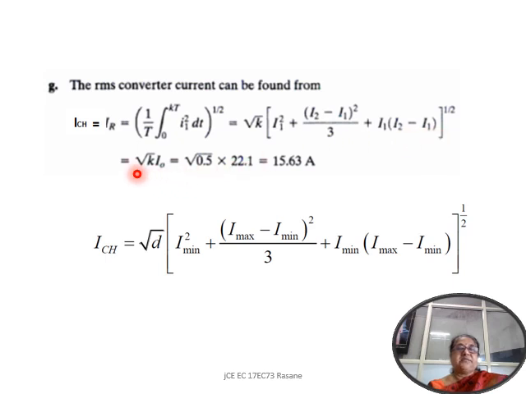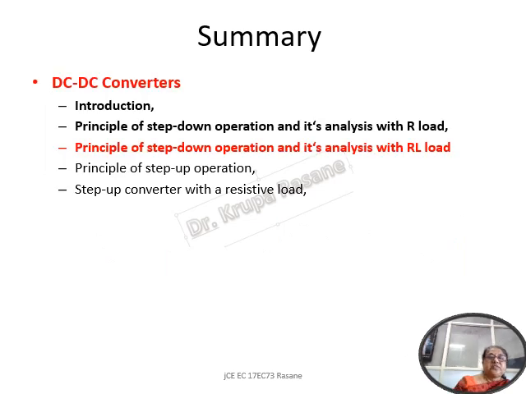And this is equal to root of 2K into I naught. We have already done the substitution and we have found I naught as 22.1 in the previous slide. So I just take the root of it and root of duty cycle, that is 0.5, and I get the answer for ICH.